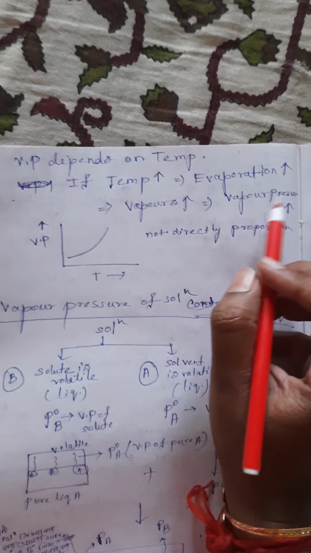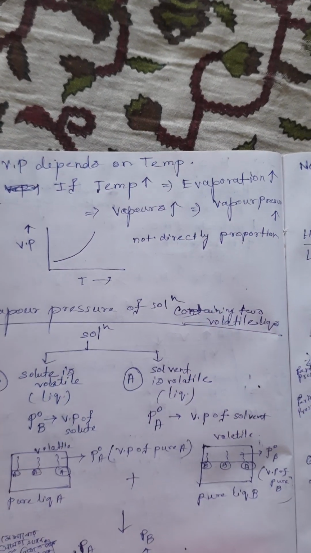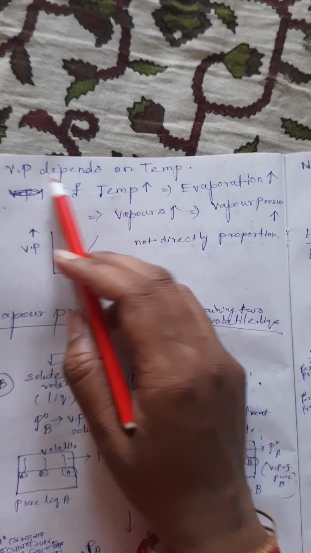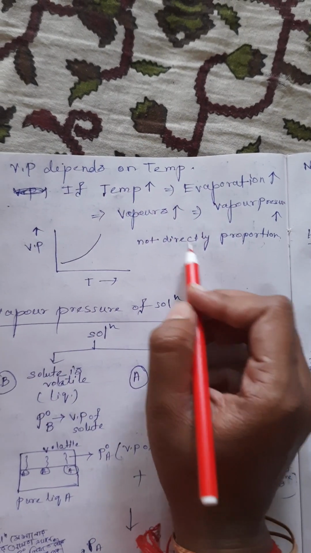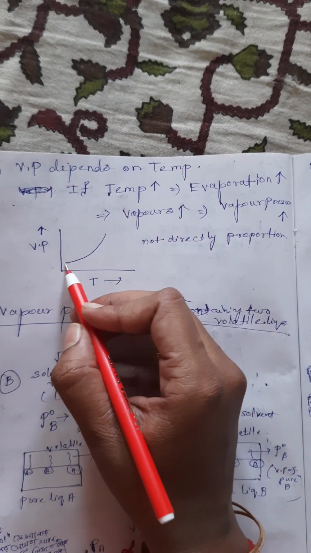Is this clear? Actually, this is not directly proportional. If temperature increases, vapor pressure also increases, but it is not directly proportional. Why? Because this is the curve.